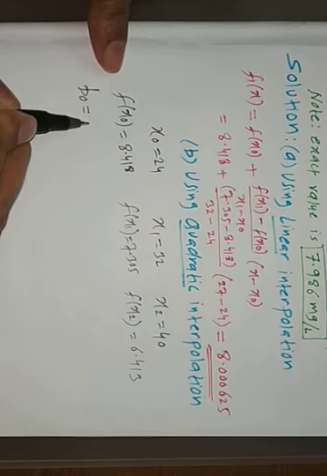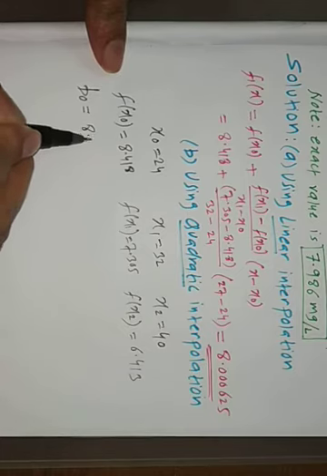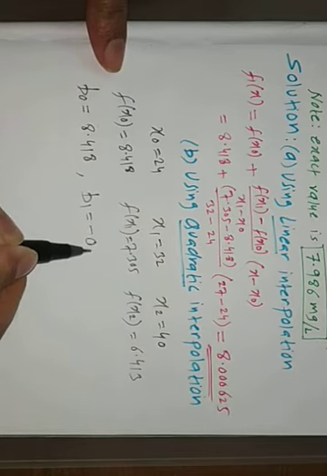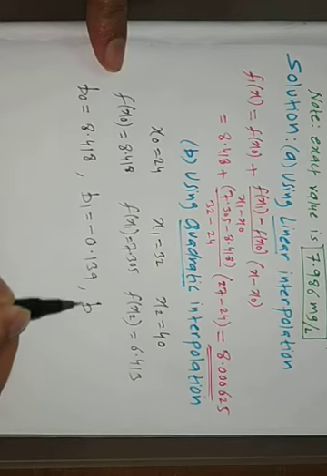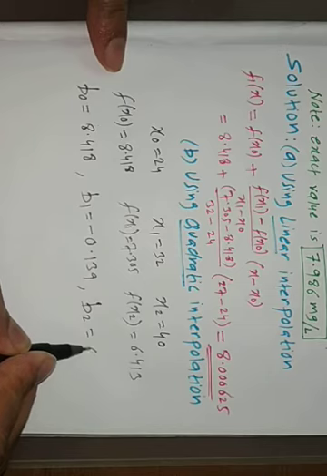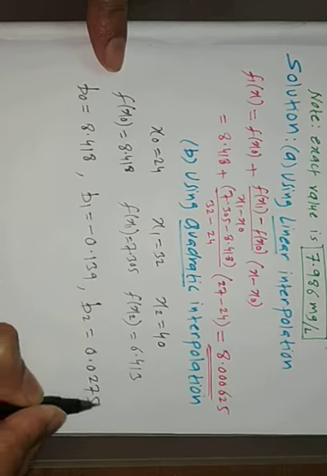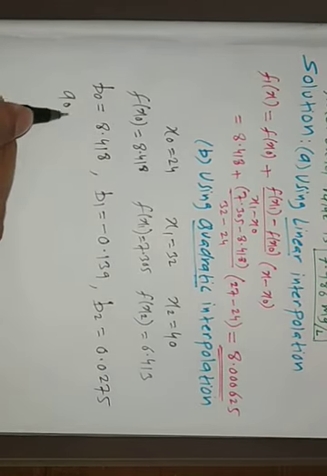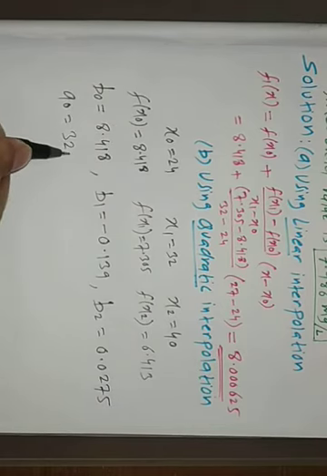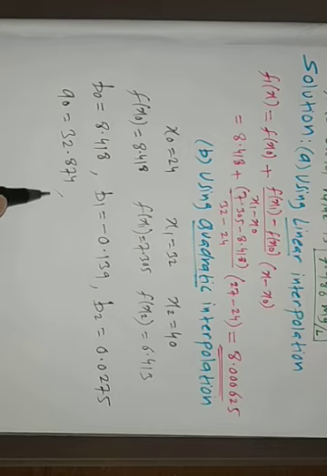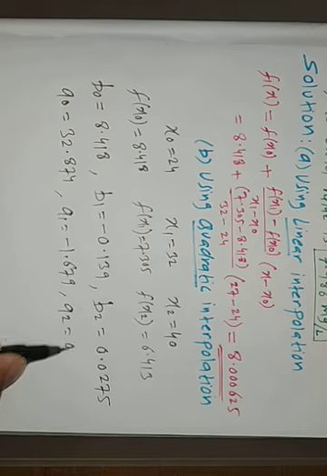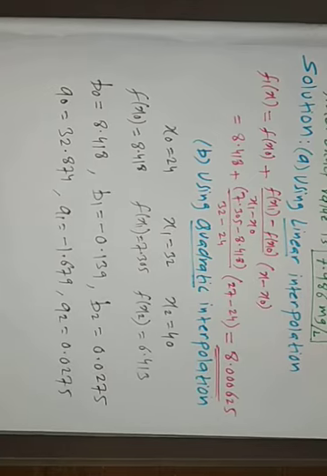B0 is 8.418 and B1 is equal to minus 0.139 and B2 is equal to 0.0275, and A0 is equal to 32.874, A1 is equal to minus 1.679 and A2 is equal to 0.0275.